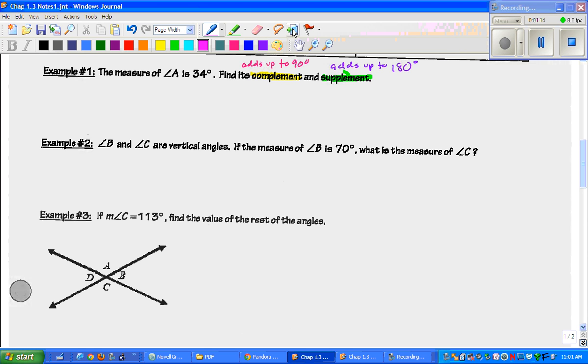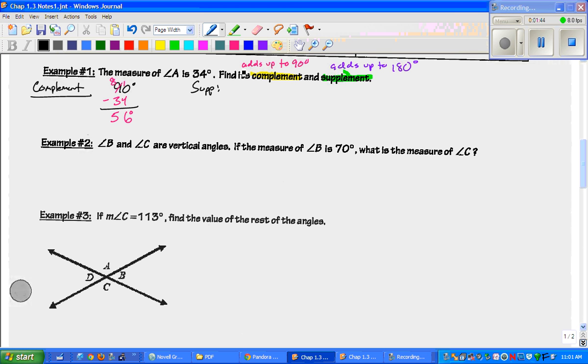To find the complement, you start with 90 degrees, minus 34, because that's angle A. So we borrow, 6 turns to an 8. We get 56 degrees.